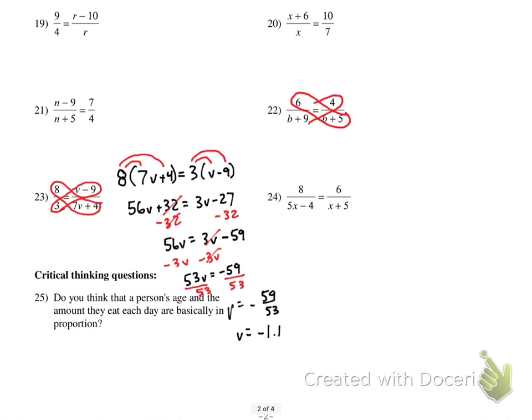So I'm identifying which expressions are being multiplied together. 6 and b plus 5 are going to be multiplied by each other. 4 and b plus 9 are going to be multiplied together, and those products are going to be set equal. So 6 times b plus 5 is going to equal 4 times b plus 9.